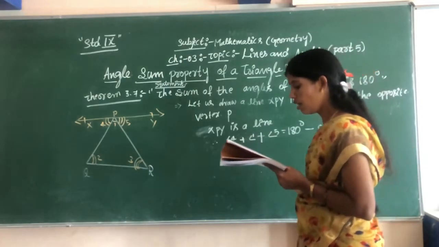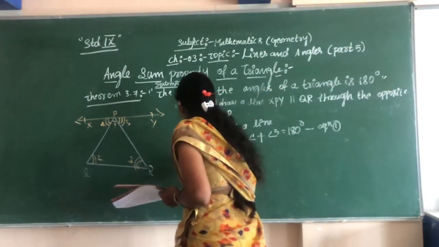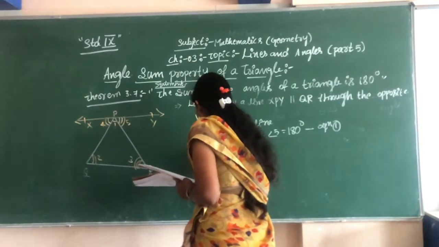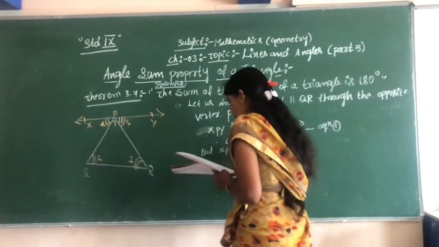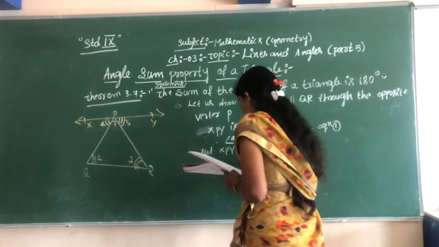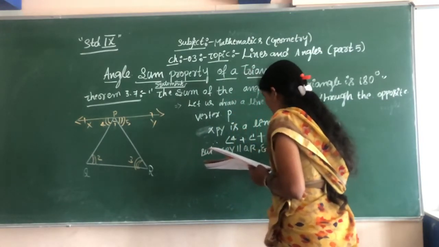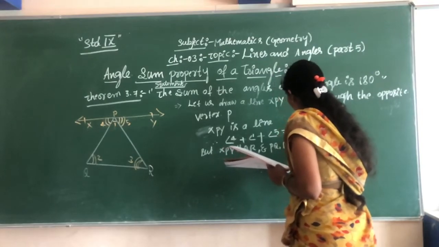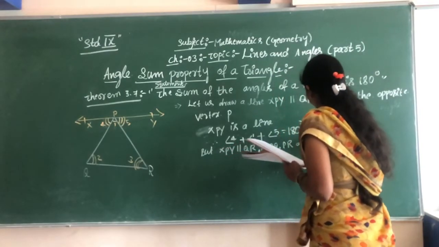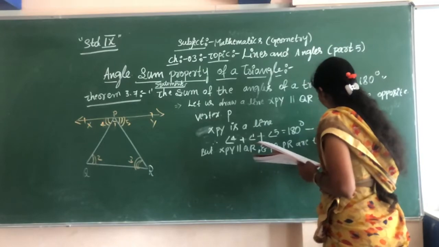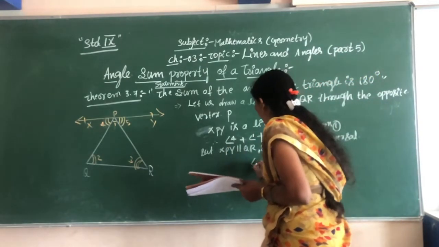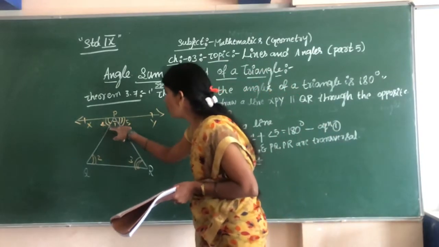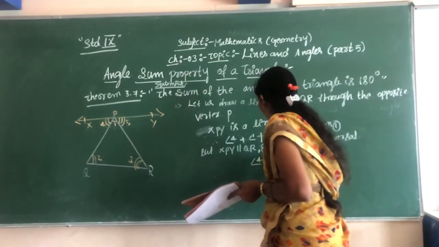Okay children, now XPY is parallel to QR, and PQ and PR are transversals.